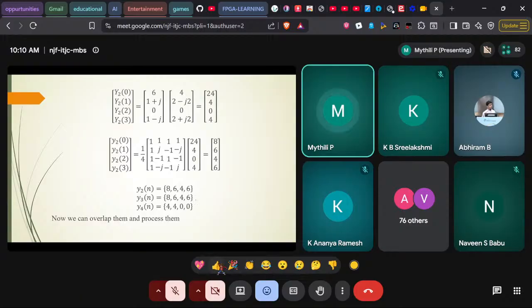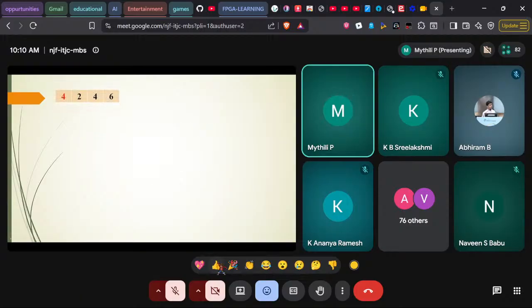Now you can overlap them and process. The red ones are the ones that have to be discarded. There was only one overlap. So you can put them. Overlap should be only one sample.